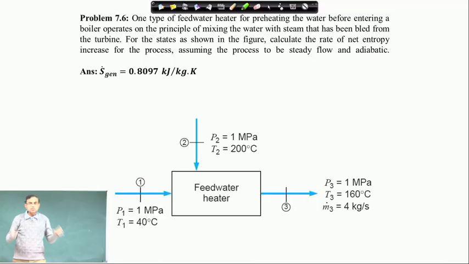So, I will explain what this feed water heater does. See, the boiler requires energy for converting the fluid, the water, from low enthalpy to high enthalpy, because the enthalpy at the outlet of the boiler is utilized to drive the turbine.